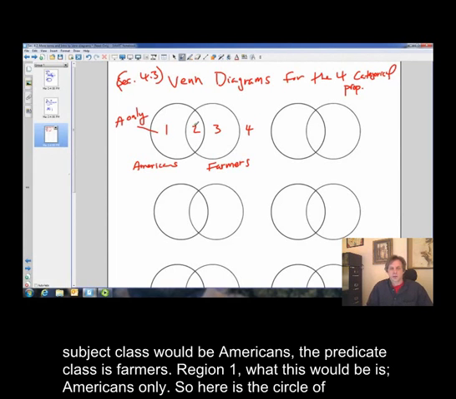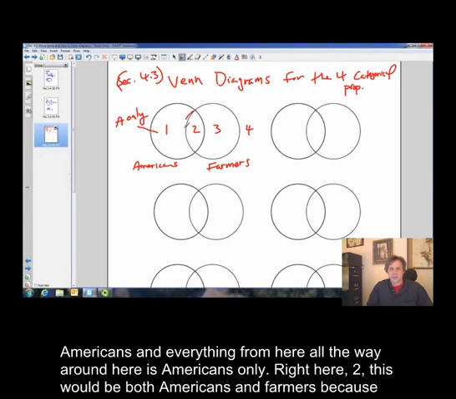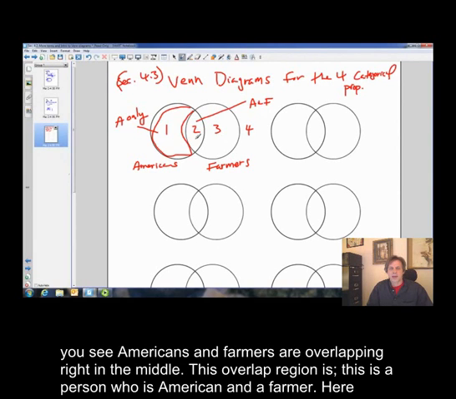So here's the circle of Americans, and everything from here all the way around is Americans only, okay? Right here, this would be both Americans and farmers, right? Because you see, Americans and farmers are overlapping right in the middle.